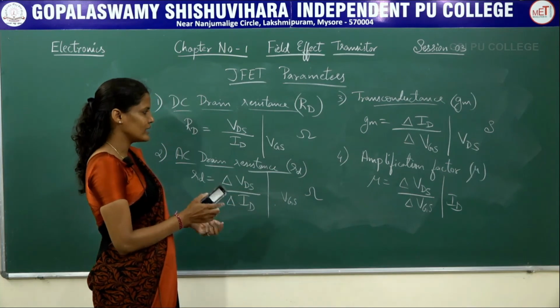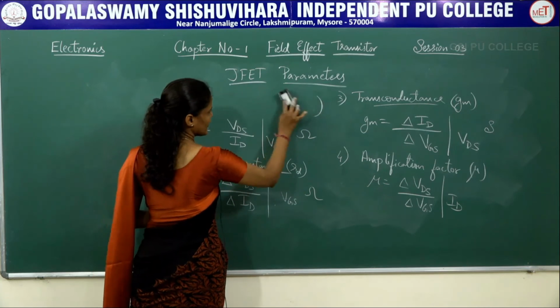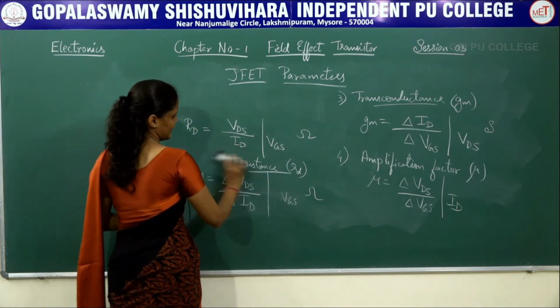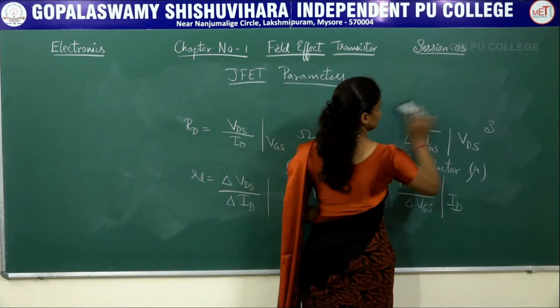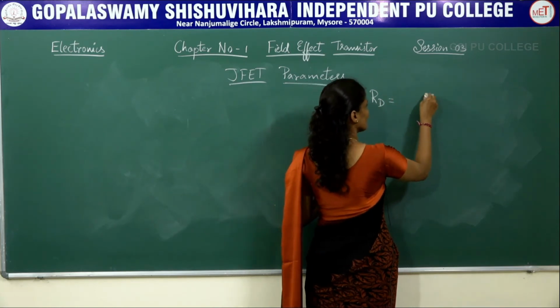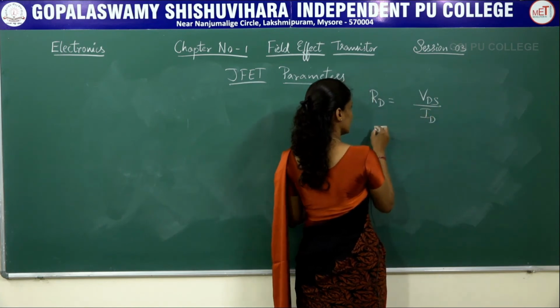Now let us try to understand the relationship between the amplification factor, transconductance and the drain resistance. Let me write these formulas on one side. DC drain resistance RD is equal to VDS by ID.